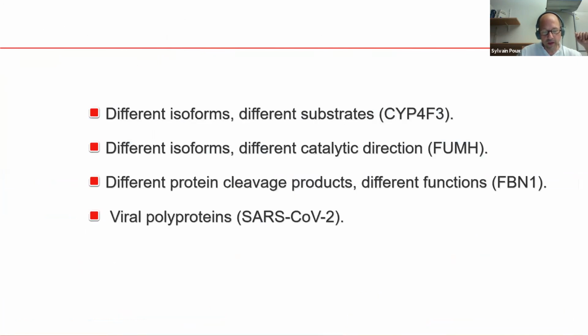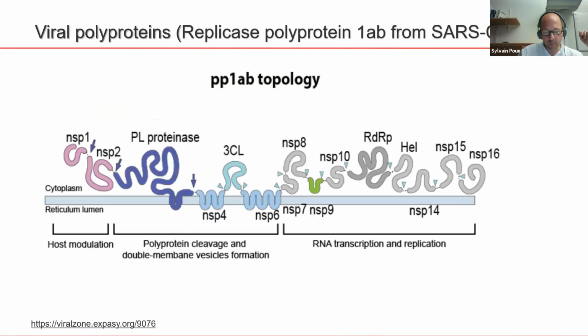The most extreme illustration of this principle comes from the viral polyproteins, where a protein precursor is subsequently cleaved into a variety of chains with distinct functional roles and interactions in the viral cycle. A good example is provided by the replicase polyprotein 1ab of the SARS-CoV-2 virus.